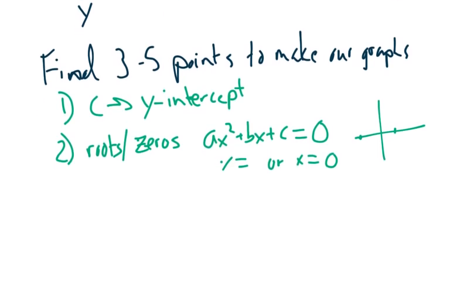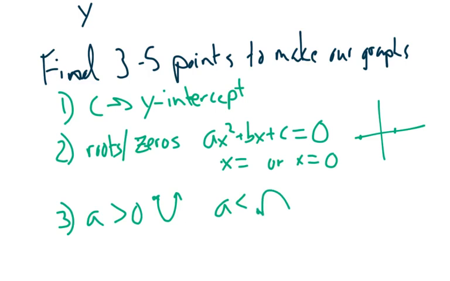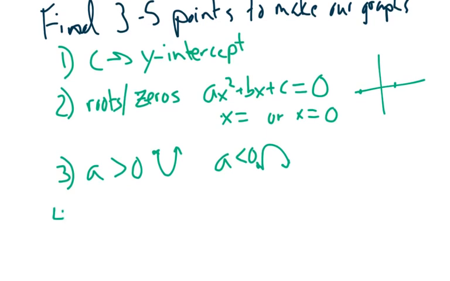One thing I forgot to mention, but worth noting, is that a tells us the direction. If a is greater than 0, we have a parabola that looks like this. If a is less than 0, meaning negative, we have a quadratic function that looks like that. Finally, we have the a trick.